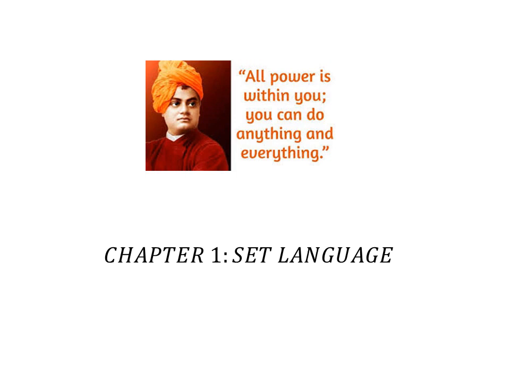Yesterday we started our class with the first chapter, Set Language. In that we saw the definition of a set and the forms of how to represent a set. What is the definition? A set is a well-defined collection of objects. Then the three forms.